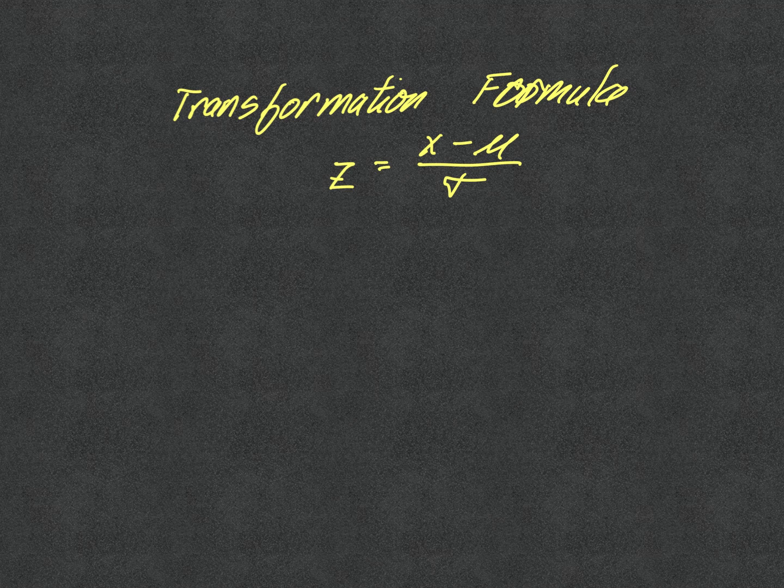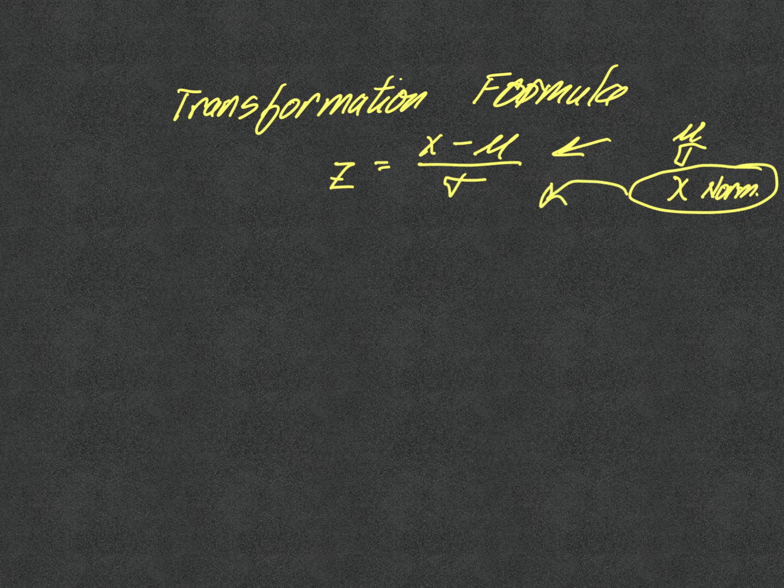So remember, just so you understand this notation, the mean is going to be the mean of any normal distribution, and the standard deviation will be the standard deviation of that distribution. And so then what's X and Z? X will stand for the data in the normal distribution, okay? And what we are doing is converting that data to the standard normal distribution.